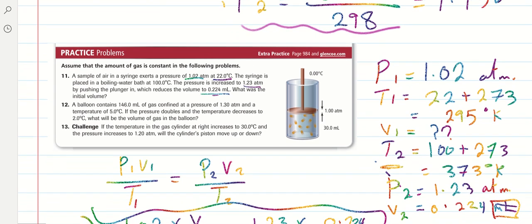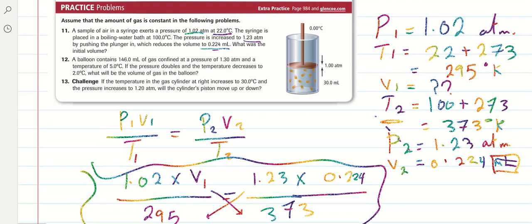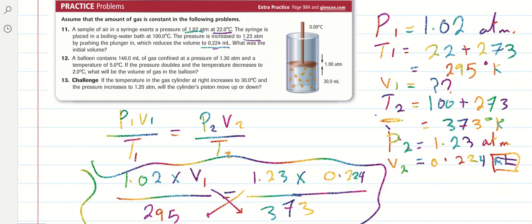Let's take one example from the combined gas law, because all of this part has exactly the same idea. Let's take question number 11. A sample of air exerts a pressure. This is the pressure. And at a temperature, oh, I can see Celsius, I have to convert. Perfect. And the syringe is placed in boiling water at 100 degrees Celsius.